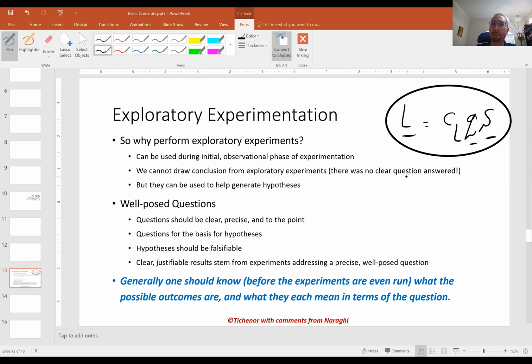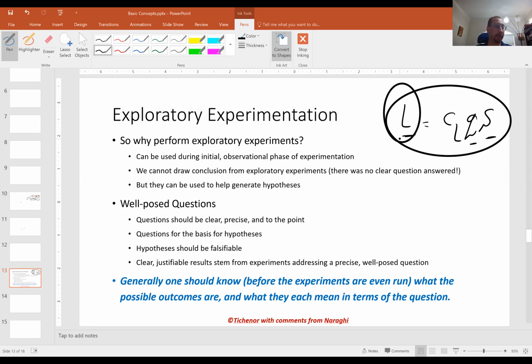It will be very rudimentary. I may not do highly quantitative measurements, but the outcome of an exploratory experiment is that you get some feeling about what your output depends on.